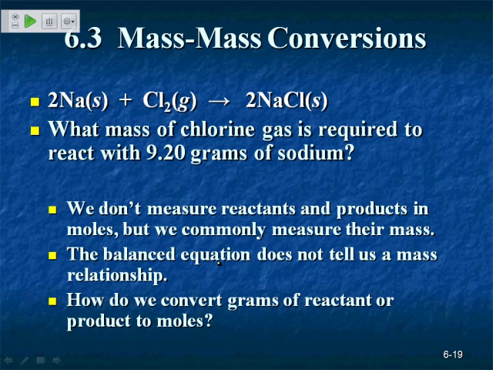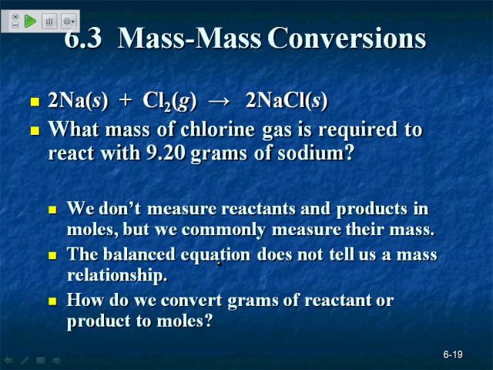What do we measure commonly? We measure the mass in grams, right? So if you know the amount of a reactant or a product in terms of its mass or the grams, how can we calculate the grams of some other reactant you will require or grams of one of the products that will form? That's what we mean by mass to mass conversions.